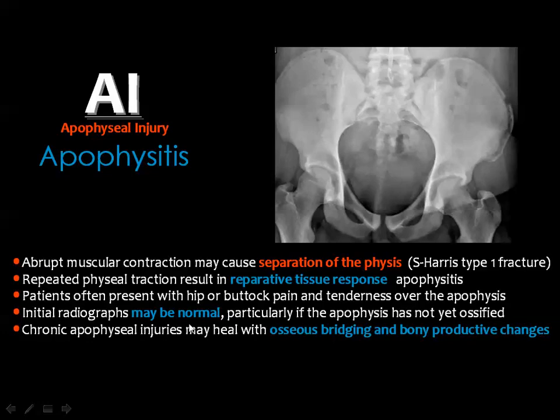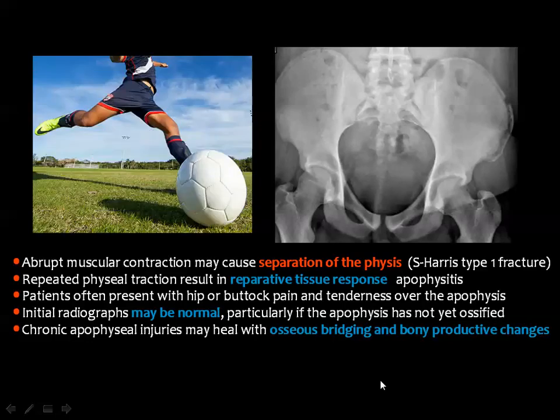Then sometimes you get normal X-rays, and you can see the separation of the physes compared to the normal side. And in chronic states, you get a good amount of bone deposited here, trying for healing.